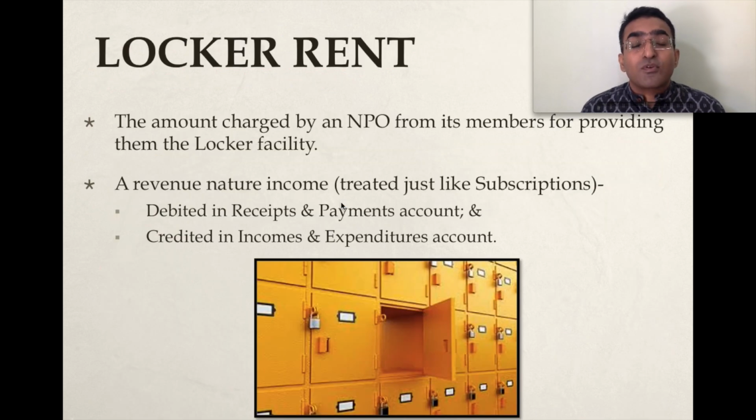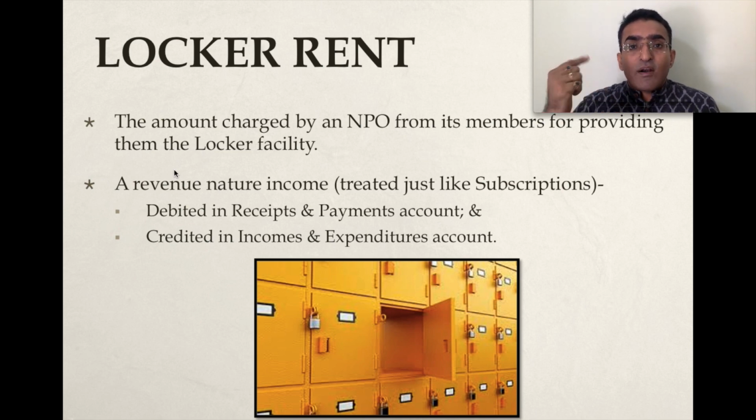So now we move to the next item, that is locker rent. Locker rent is a very miscellaneous kind of income, a revenue nature transaction, the amount charged by an NPO from its members against the locker facility provided to them. Okay, it is a revenue nature transaction.